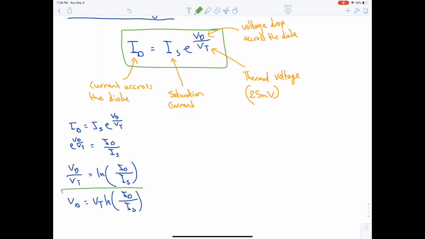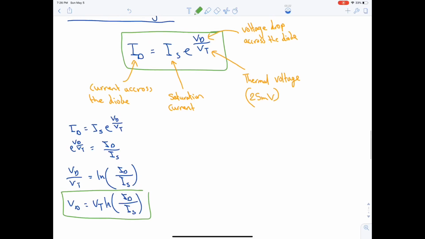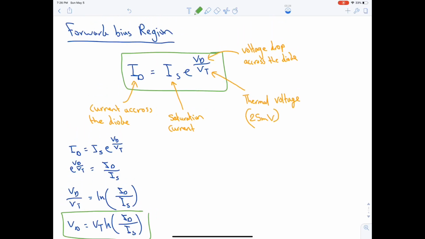Okay. Now, if they ask us to find IS, which is the saturation current, it's simple. You divide ID by the exponent.